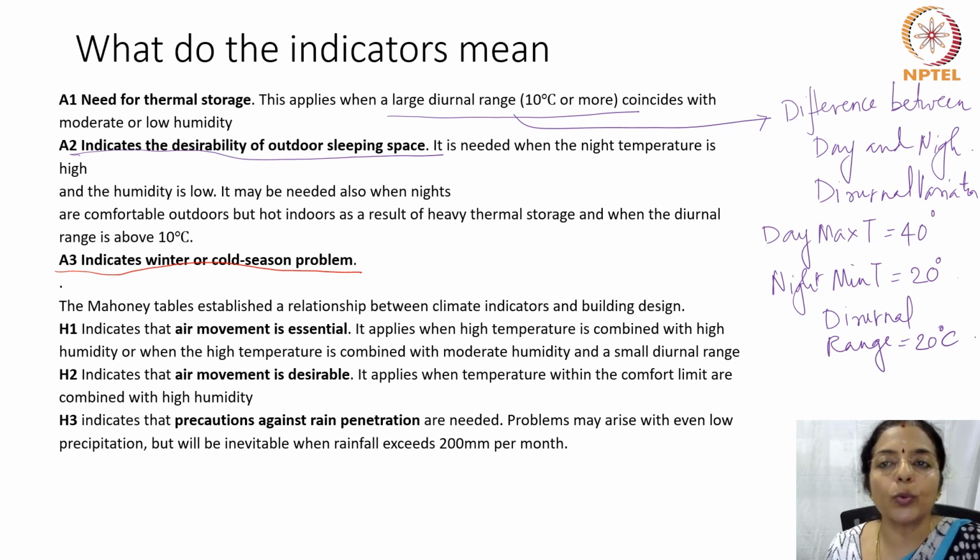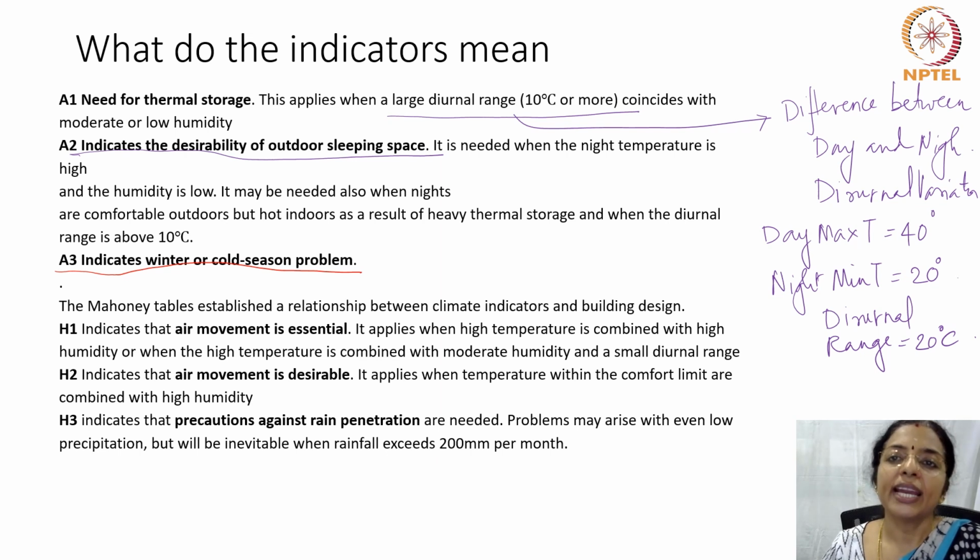H1 as an indicator indicates that air movement is essential. This applies when high temperature is combined with high humidity, or when the high temperature is combined with moderate humidity and a small diurnal range. H2 indicates that air movement is desirable.